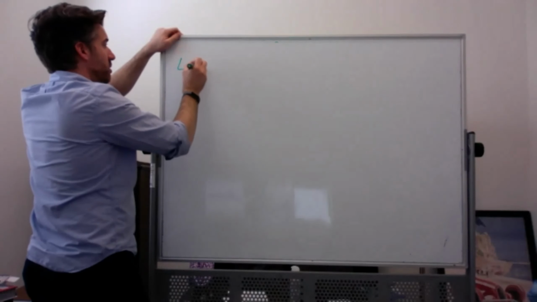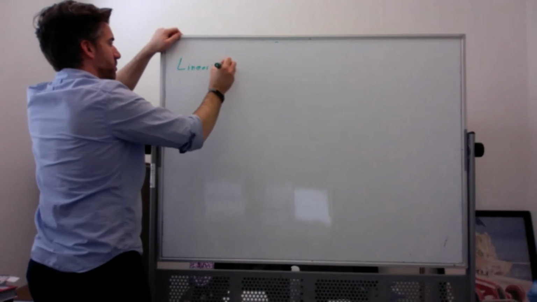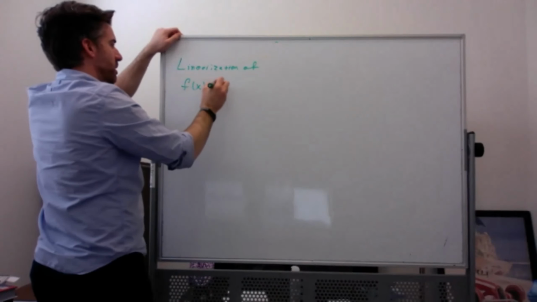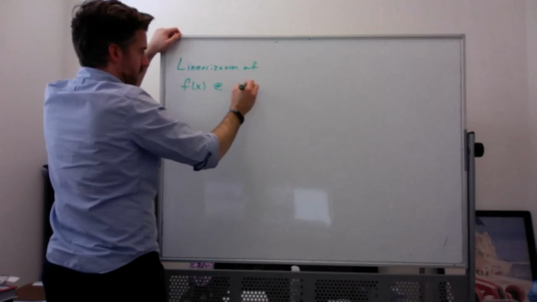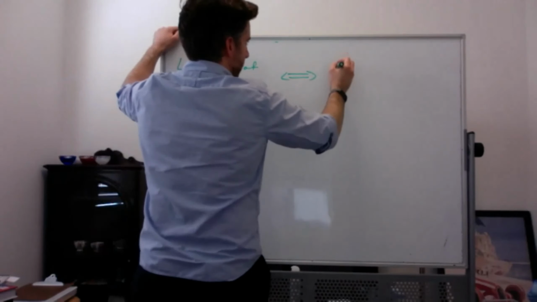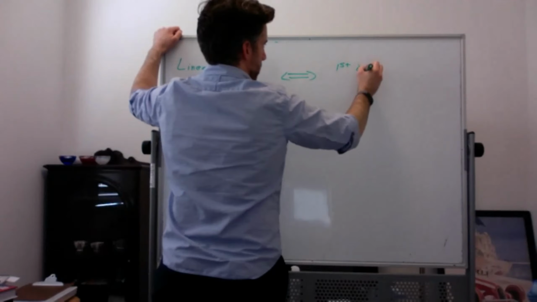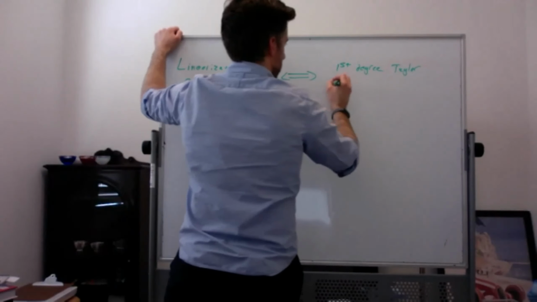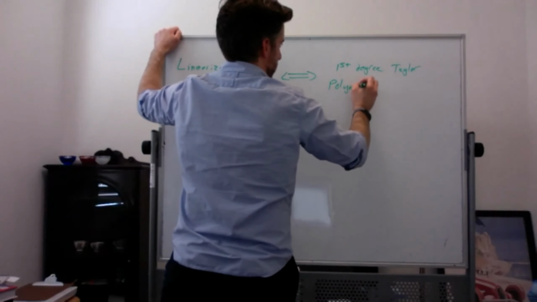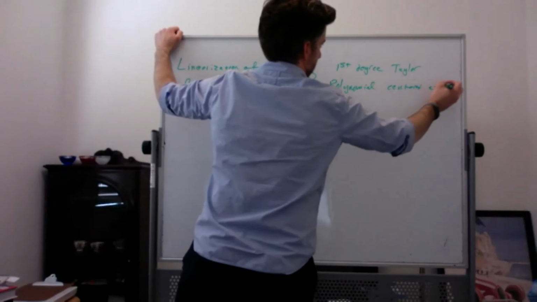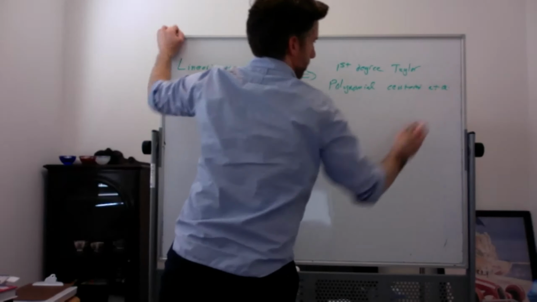So, the linearization of f of x at x equal to a is the same thing as the first degree Taylor polynomial centered at a. True story.